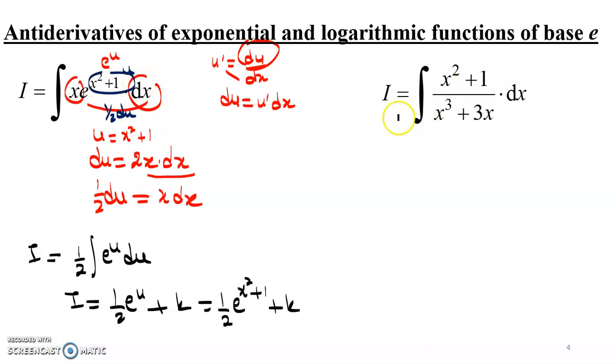Now moving to the second one, we notice here that we need to integrate x squared plus 1 over x cubed plus 3x. However, just by looking at this expression, it might seem like we have not really seen a function in that form, or we cannot really fit it into a general form.